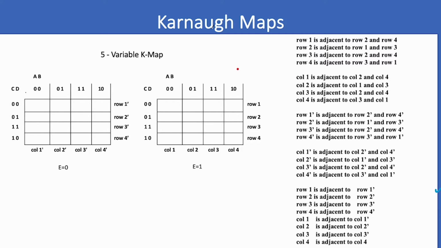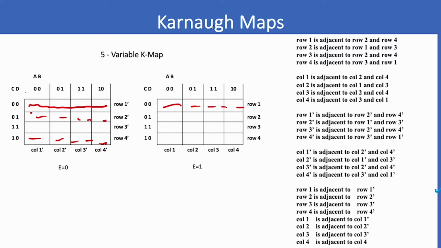Okay, so let's go back to this one over here. This row is adjacent to this row because it goes around, right? And also this row, but it's also adjacent to the row in the other map over here.